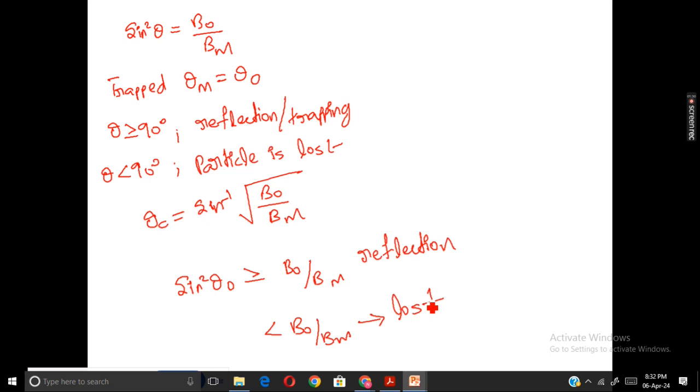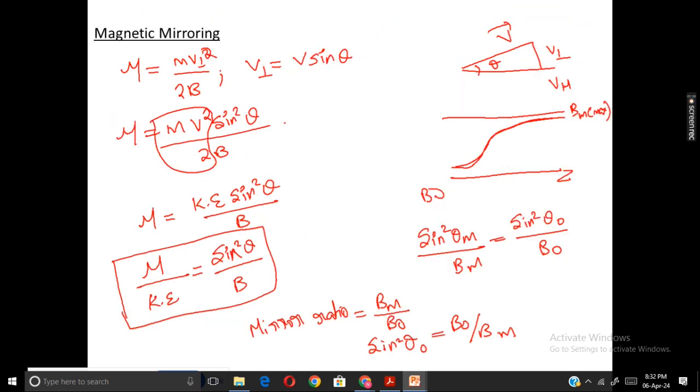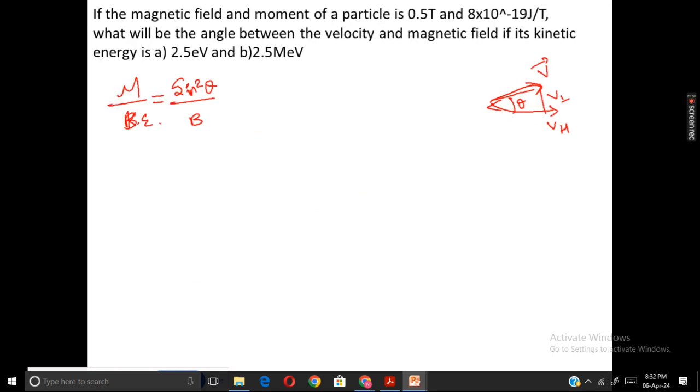So this all comes from the conclusion that the magnetic moment is conserved within the magnetic field. Here the magnetic field and magnetic moment of the particle are given. The magnetic field is 0.5 Tesla, and the magnetic moment mu is 8 into 10 raised to minus 19 joules per Tesla.